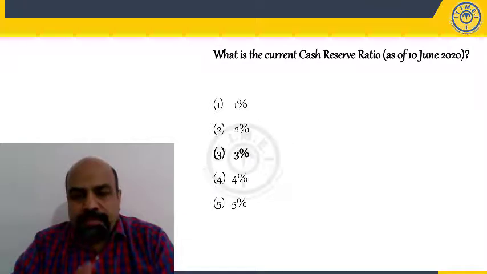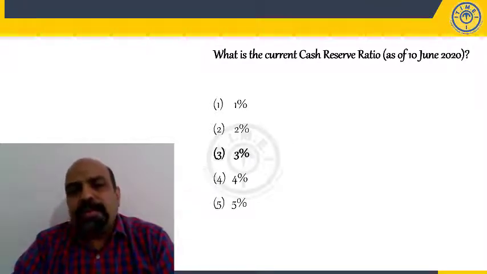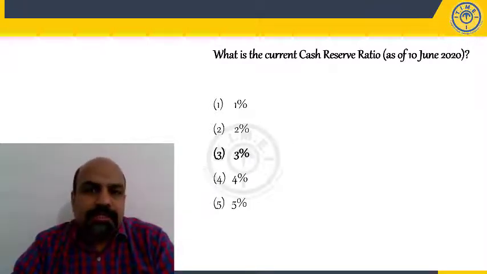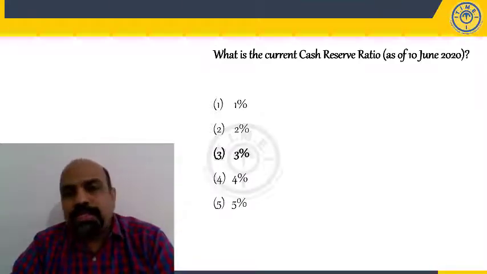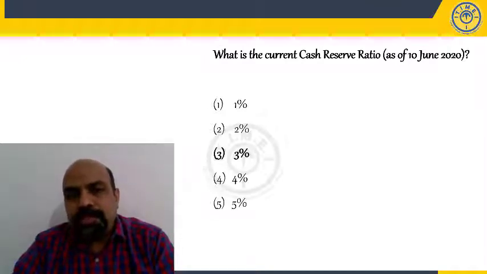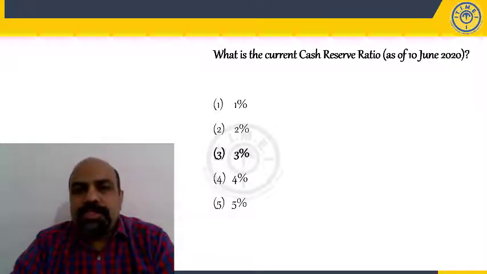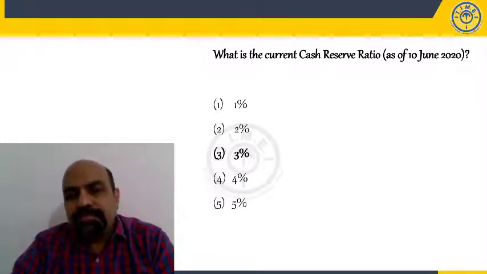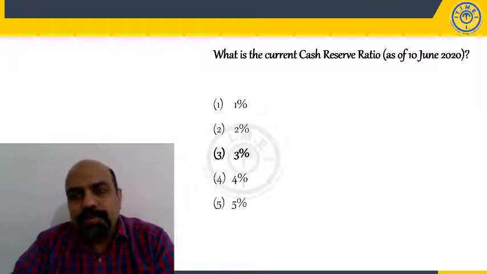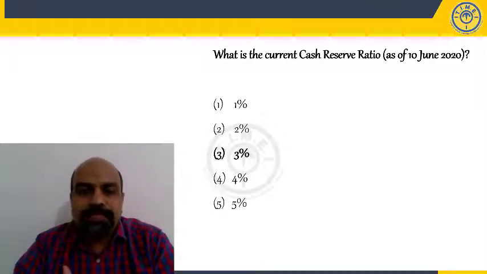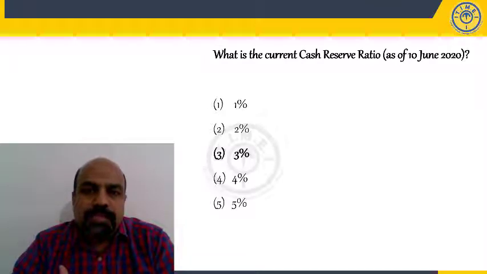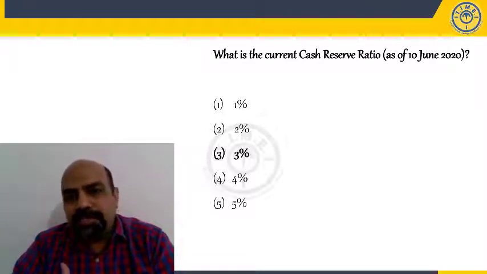Okay. Below that, write: liabilities, in this context, refer to deposits like savings, current and FDs.